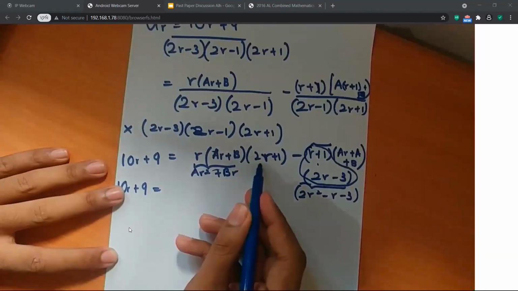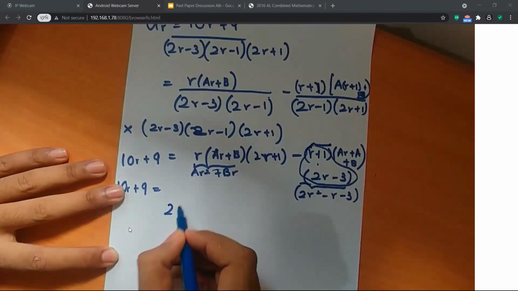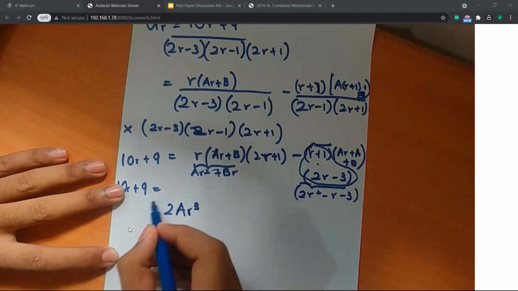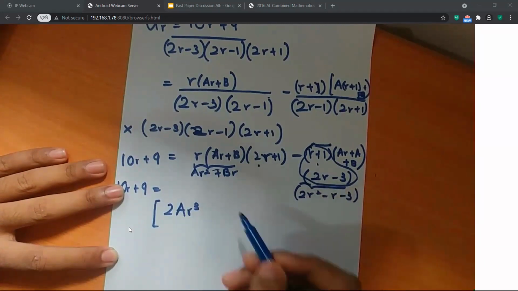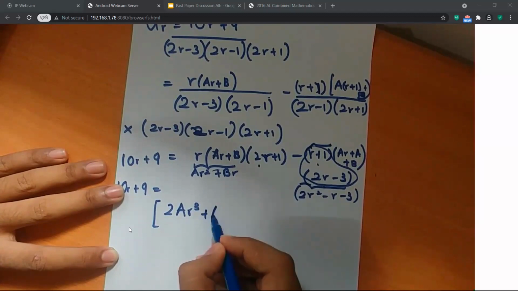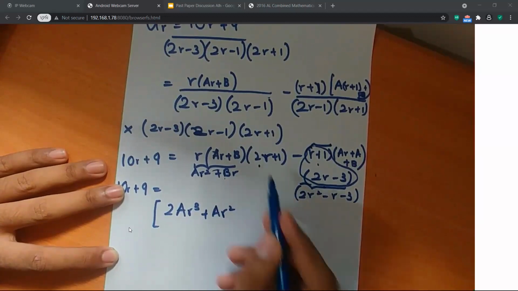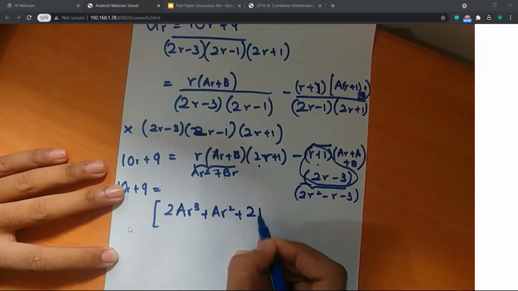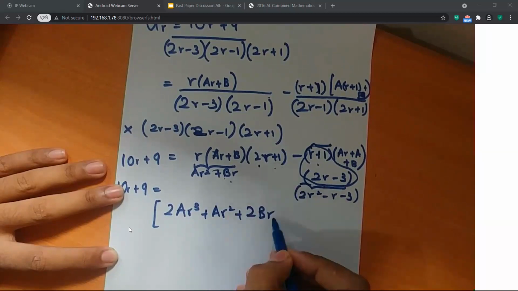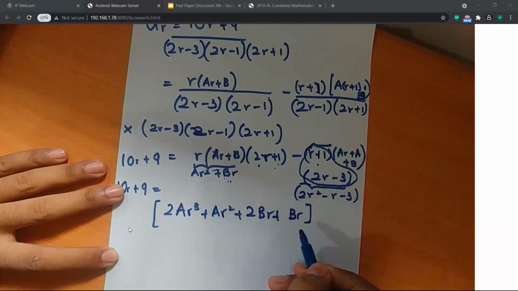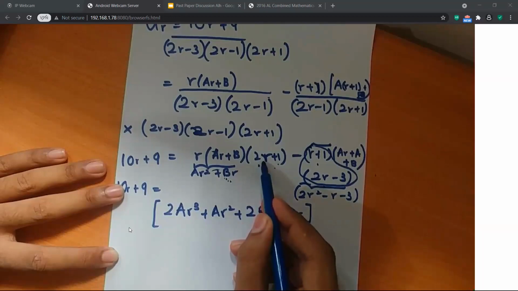AR times 2R is 2AR square, AR cube. Okay, this into this. So AR square plus BR times 2R is plus 2BR. BR times 1 is BR. BR times 2R is 2BR square.